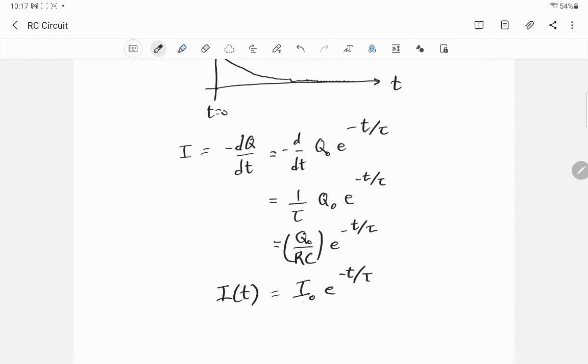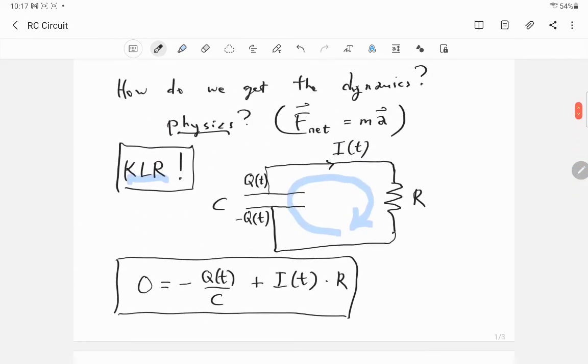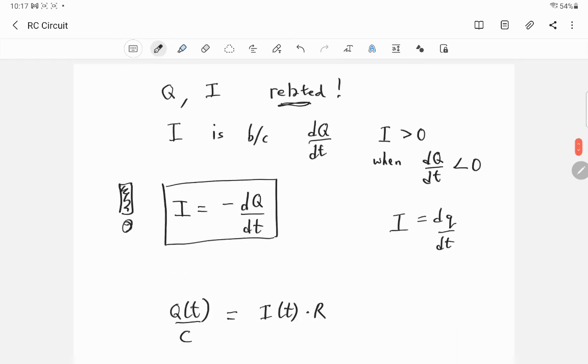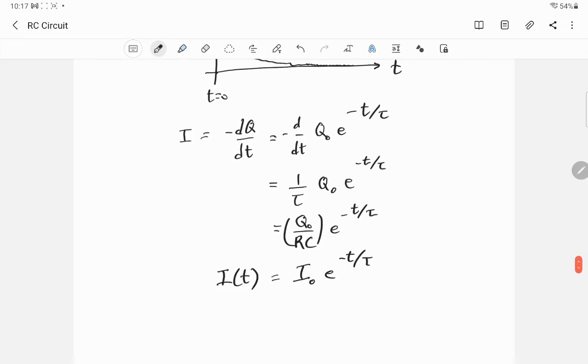So Q naught over RC is the initial blast of current right when you touch the resistor to the loaded capacitor, right? So at the very beginning, you get this initial blast of current, and the initial blast of current is Q naught over RC. All right.